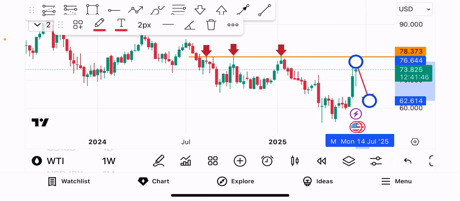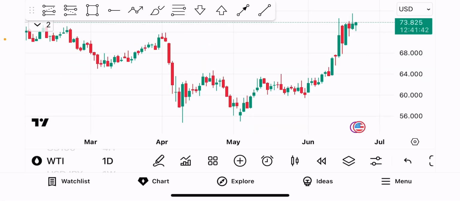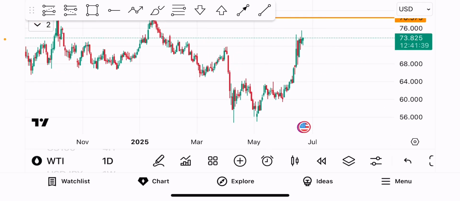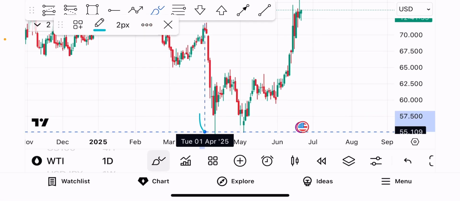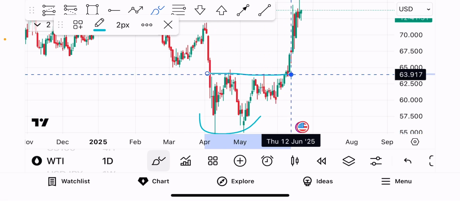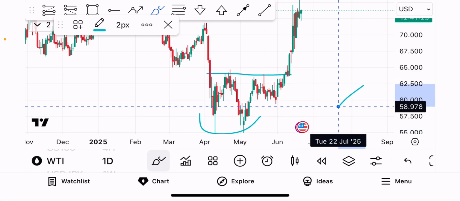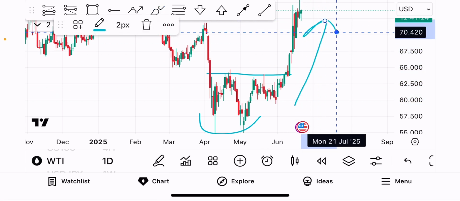All right, so let's now check the daily time frame. Now here in the daily time frame, what do we see? We can see that price started pulling back after finding this equal low. We saw this neckline got broken, and price has made a very strong impulsive move.